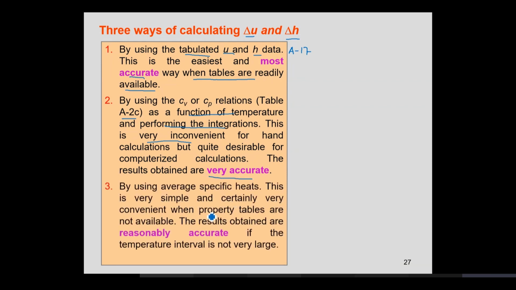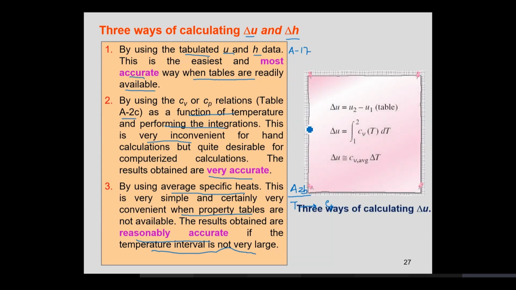The third method is by using the average specific heats. This is very simple. When the property tables are not available to you, you simply go to table A to B, and for the specific gas, once you have the temperature, you read the Cp value in front of it. These are reasonably accurate if the temperature interval for which the average value is taken is not very large.